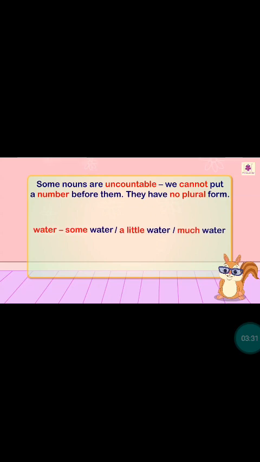Usually, we use words like some water, a little water, or much water. Suppose if anyone asks you, how much water do you want? You'll say some water, or a little water, or much water, right?